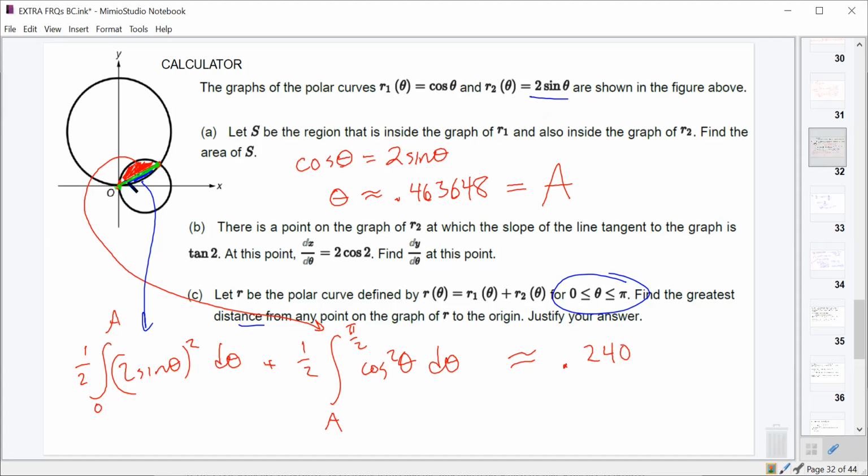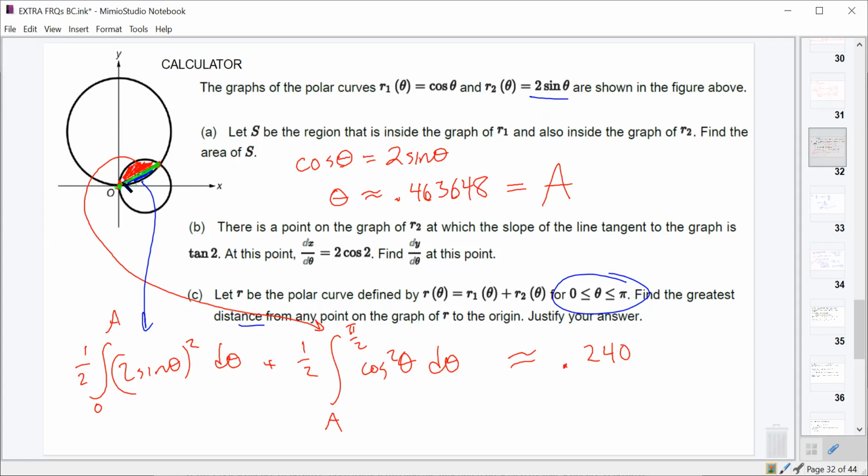To get to the value at 0.463, we trace along the outside of this curve, and the area is always a straight line directly in from wherever you are on the curve to the pole. So until we get up to here, that can all be included as just that piece below that line.